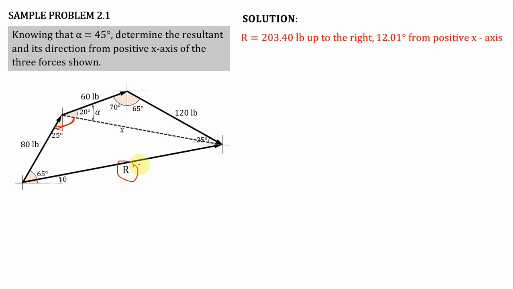By the use of cosine law. Kasi may two adjacent tayo, 80 pounds and x, and its angle. Kapag na determine natin ang angle na to at x, we can solve r. Gets niya? So yun yung aim natin.